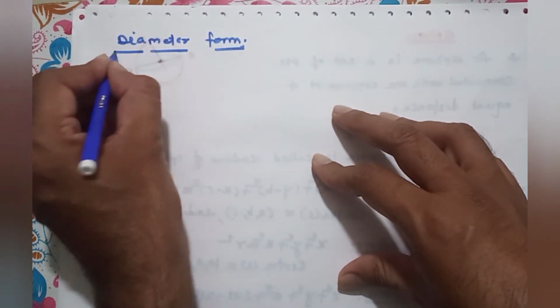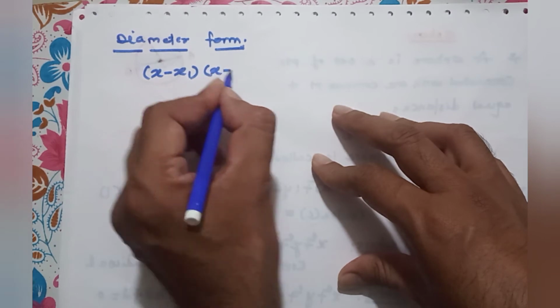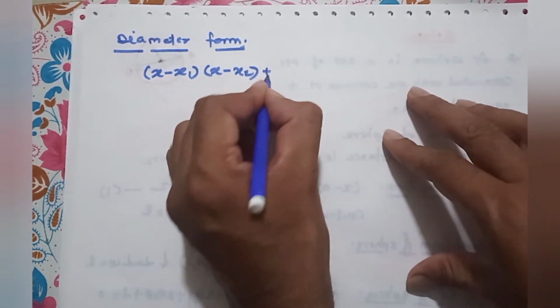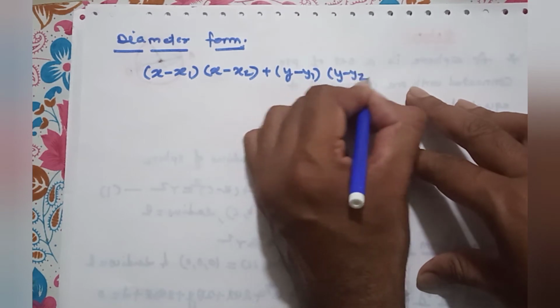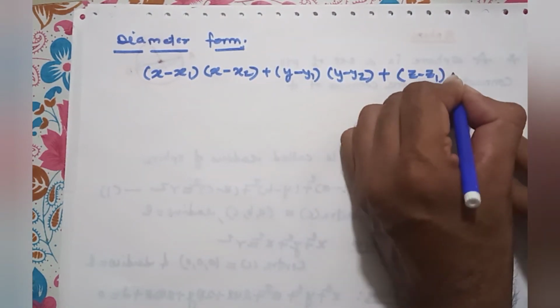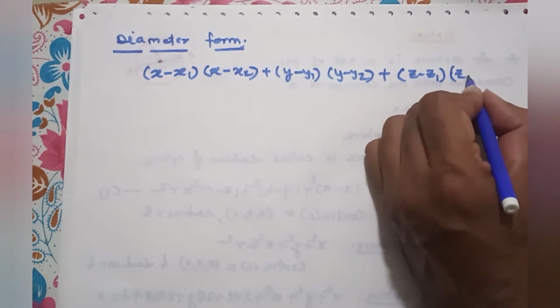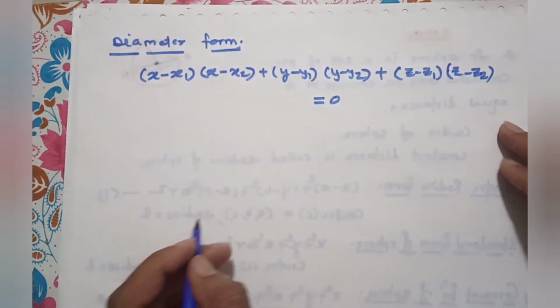So the diameter form of the sphere is (x minus x1)(x minus x2) plus (y minus y1)(y minus y2) plus (z minus z1)(z minus z2) is equal to 0.